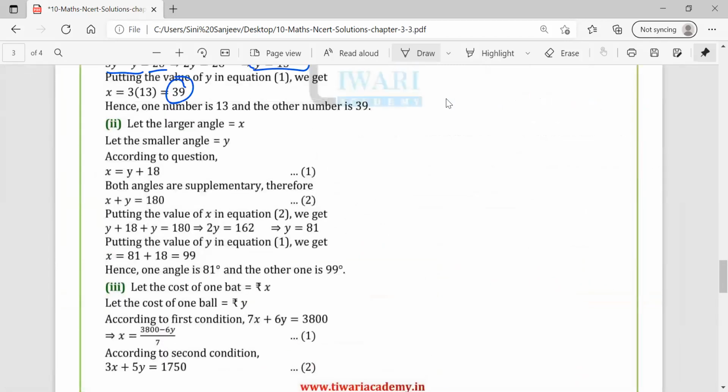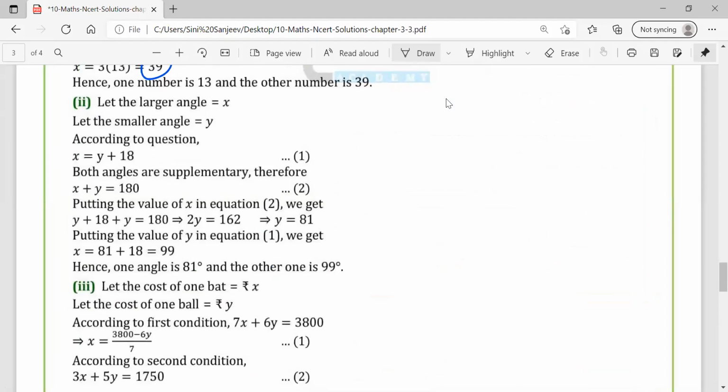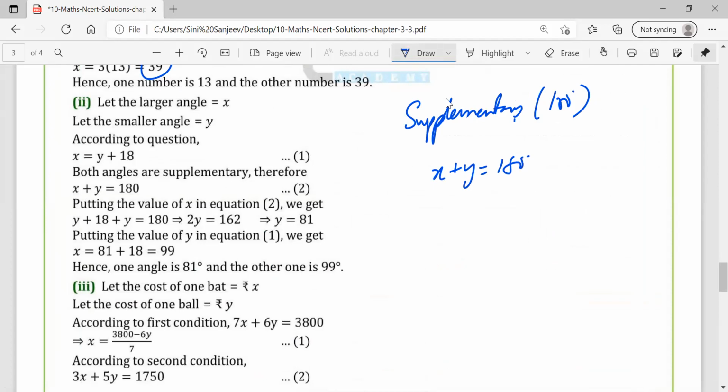The first thing for us is to know what supplementary means: the sum is 180 degrees, so x plus y is 180 degrees. The larger angle will exceed the smaller angle by 18 degrees, so x is y plus 18.